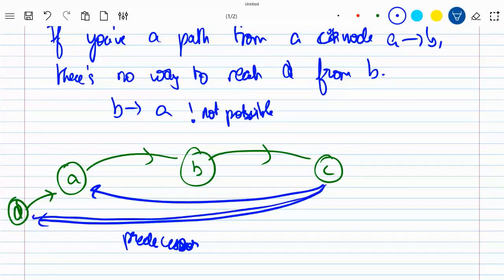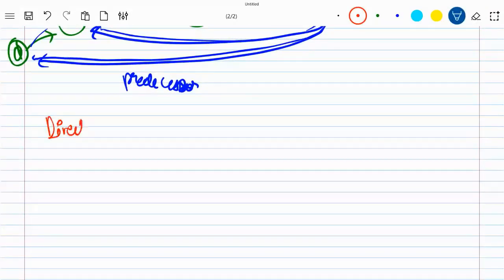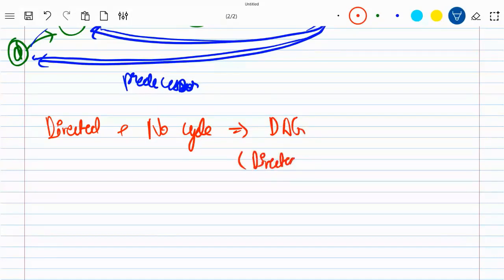If I go C to D, then D to A and A to C would be a cycle, or C to A and A to C would be a cycle. So they're just trying to tell us we have no cycle in this graph. So we have a special type of graph: it's directed plus no cycle. What this implies is it's a DAG, which is a directed acyclic graph.